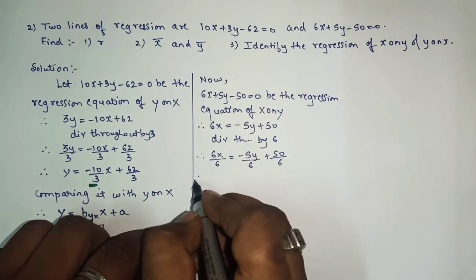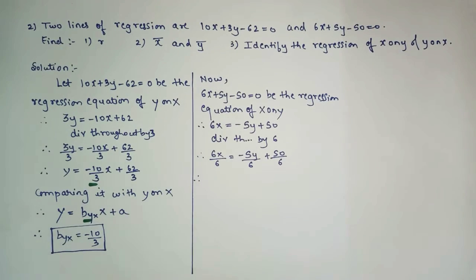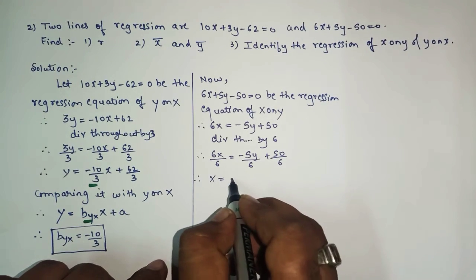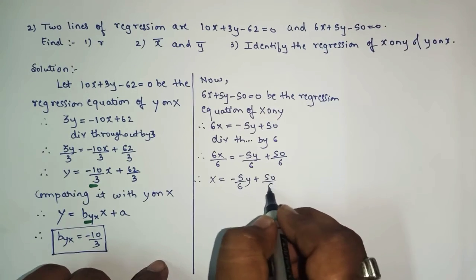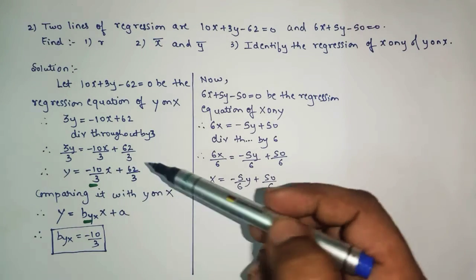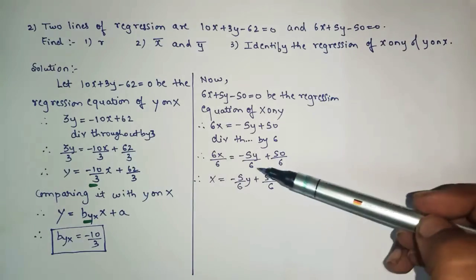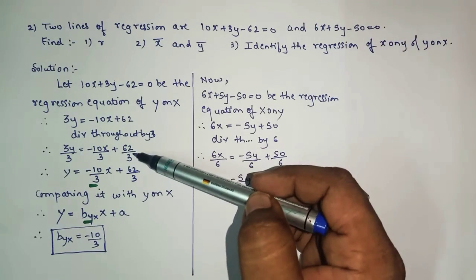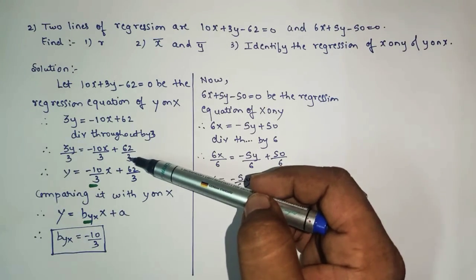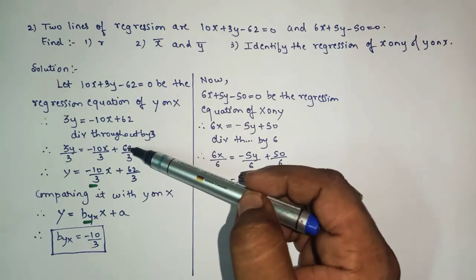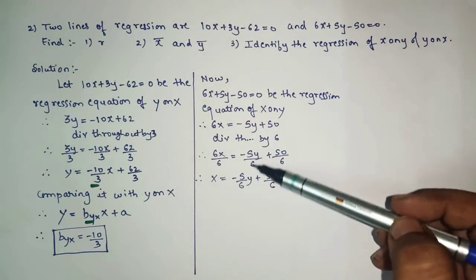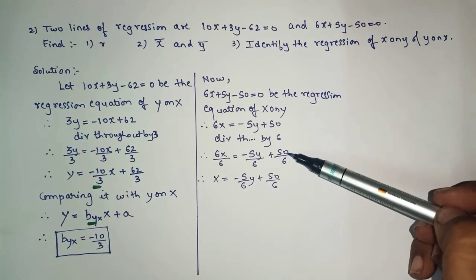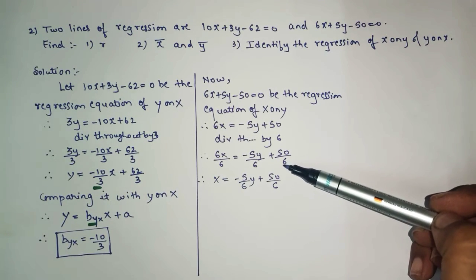6 will get cancelled, so you will be left with x equals to minus 5 upon 6 y plus 50 upon 6. If you want to cancel this part, you can cancel it. But here clearly we can see that 3 we cannot cancel this part. Even 10 upon 3 also, 5 upon 6 also we cannot cancel. 50 upon 6, if you want to reduce, you can reduce this number.